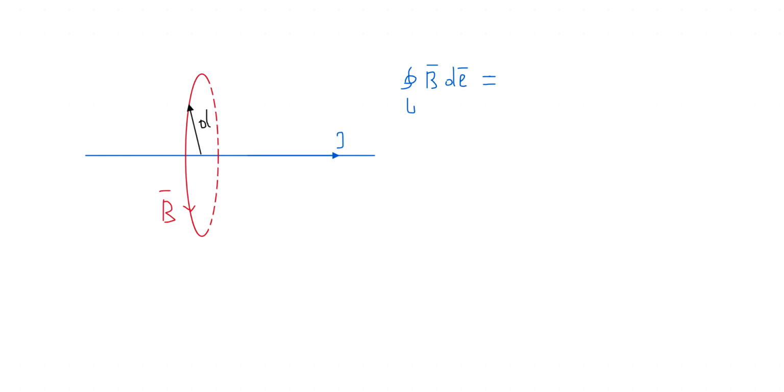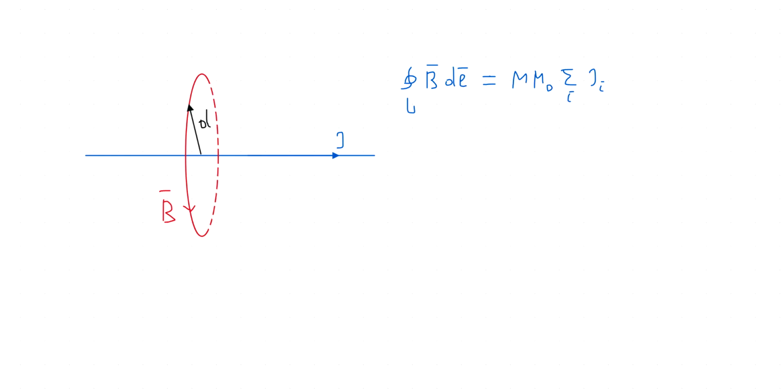No ideas, but we have spoken about this on previous lessons. In the right side will be mu zero times sum of electric currents that passes through the circuit.